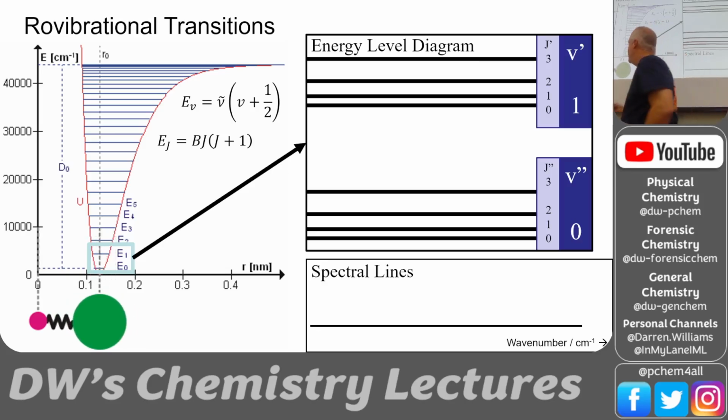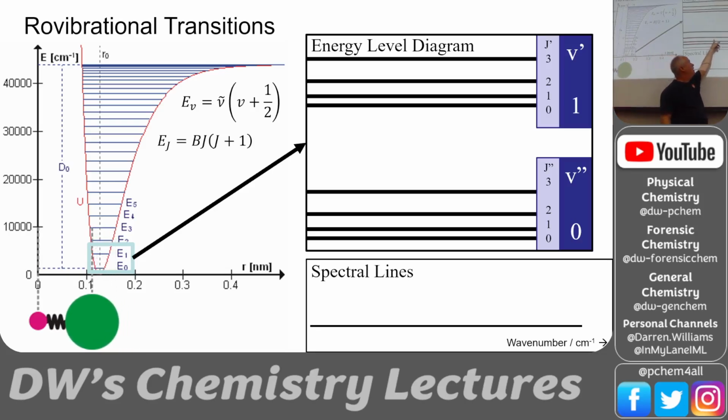And everybody, can you see that that's just this little box right here? Okay. At this temperature, all of our molecules are in the ground vibrational state, but these rotational states are close enough that we have thermal excitation. So we do have hot bands. We have molecules in the rotational levels that are excited, but we don't have any vibrational hot bands.